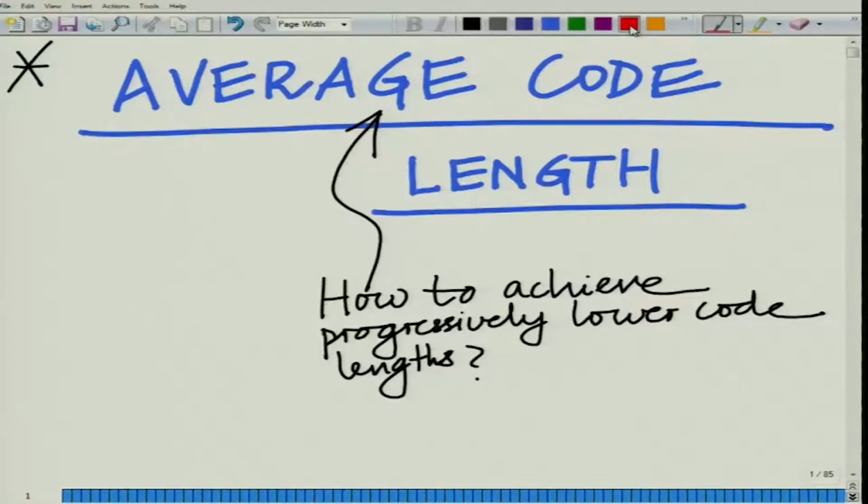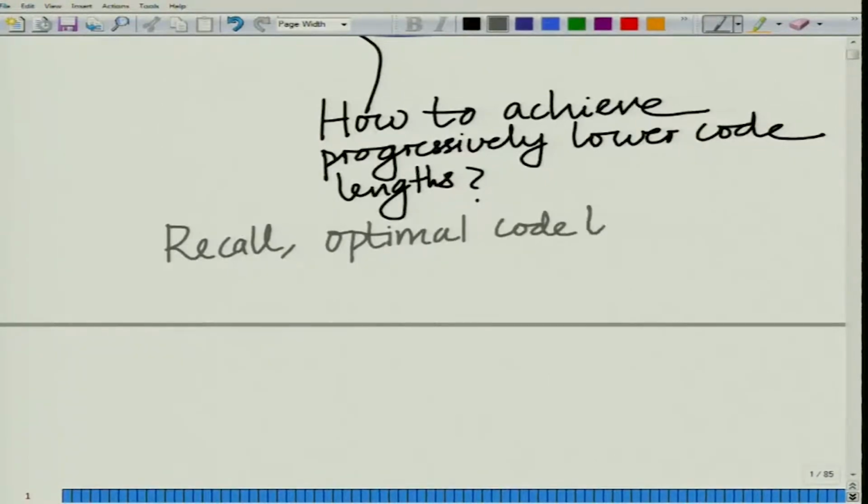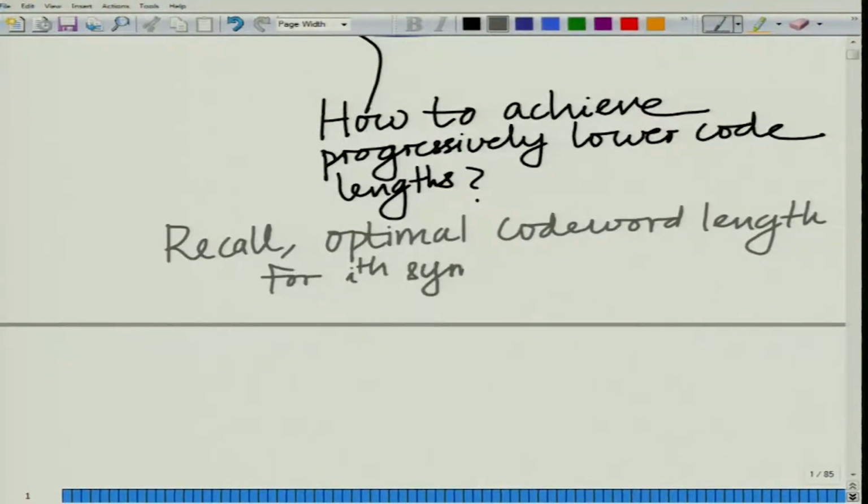Okay. Now for that, what we have seen in the previous module, recall, the optimal code word length, not code length, optimal code word length for symbol Si.